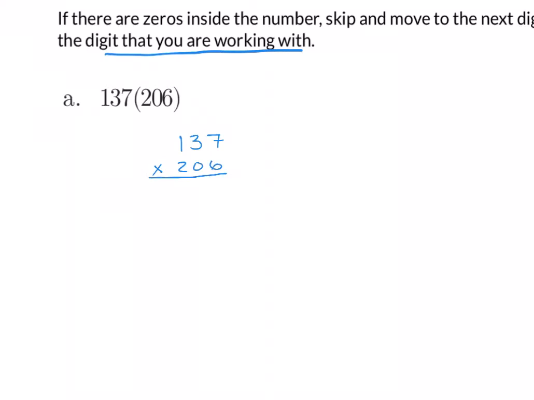I'm going to put my 206 on bottom. We want to go ahead and do what we were doing before, so we're going to start on the right. We get 6 times 7 is 42. We carry our 4. 6 times 3 is 18. If we add 18 plus 4, we get 22. 6 times 1 is 6, and 6 plus 2 is 8.